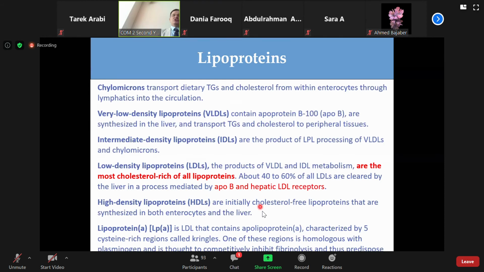Which tissue do you think would utilize cholesterol mostly? What about steroid synthesizing tissue, right? Because cholesterol is the precursor of all steroids. So gonadal tissues and other tissues that synthesize steroids could take HDL through the HDL receptor.